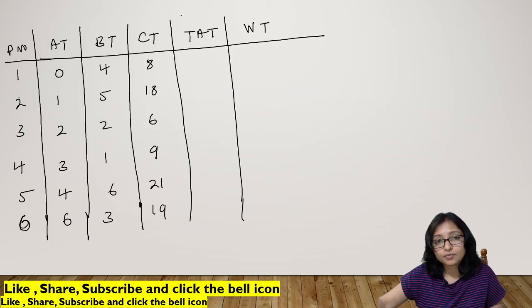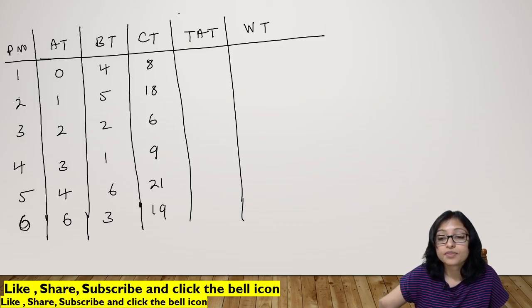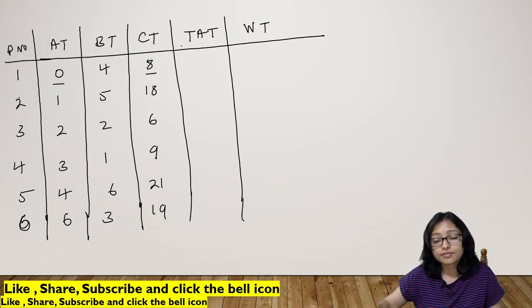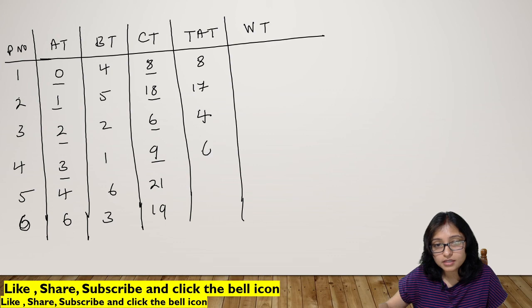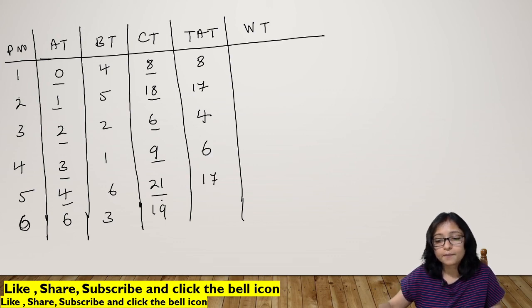So turnaround time will be the completion time minus arrival time. That is 8 minus 8 is 0, 18 minus 1 is 17, 6 minus 2 is 4, 9 minus 3 is 6, 21 minus 4 will be 17, and here 19 minus 6 is 13.